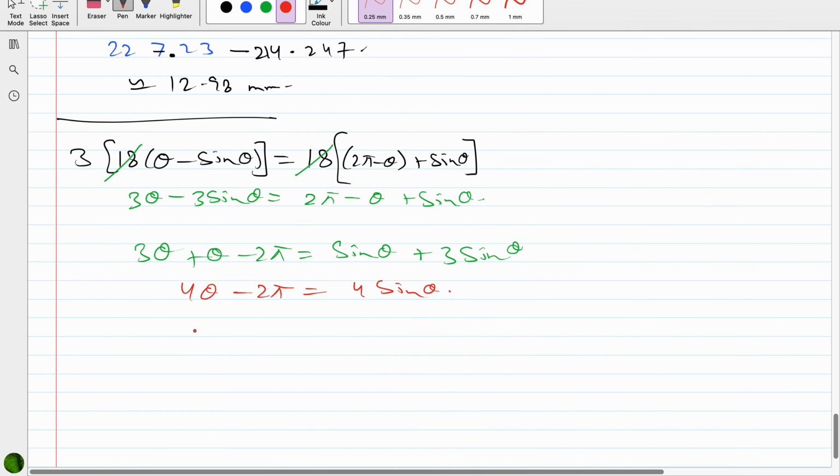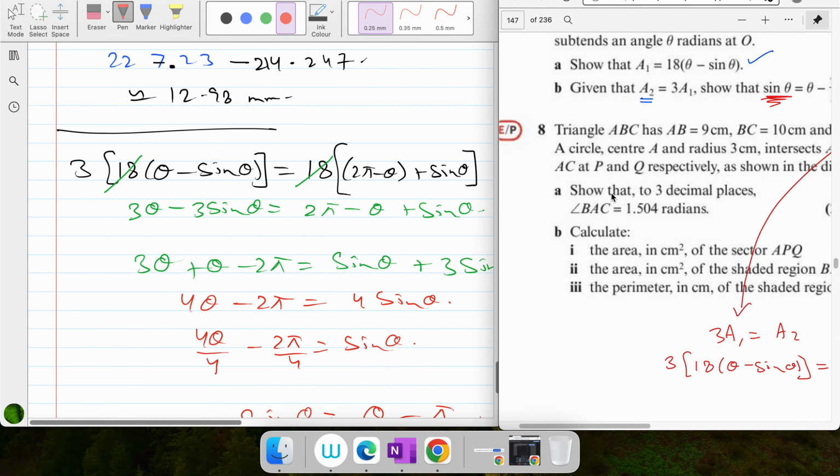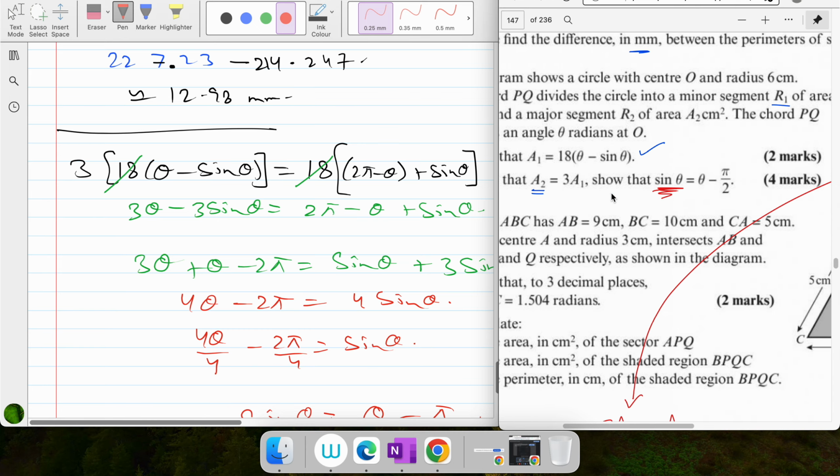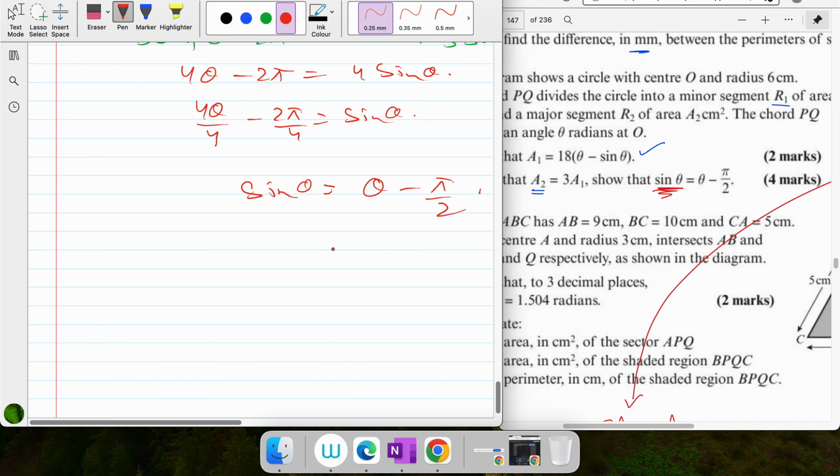Dividing by 4 on this side, 4 theta by 4 minus 2 pi by 4 is equal to sine theta. Sine theta is left with theta minus pi by 2. Shown. Sine theta equals theta minus pi by 2.